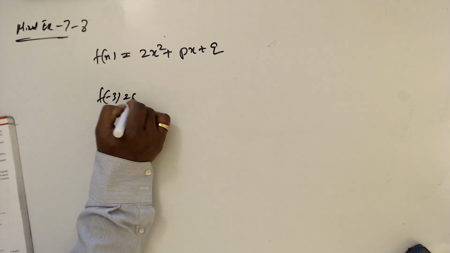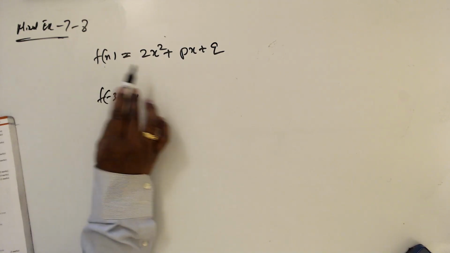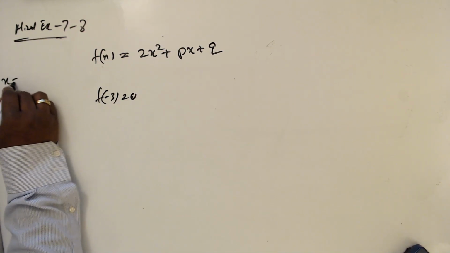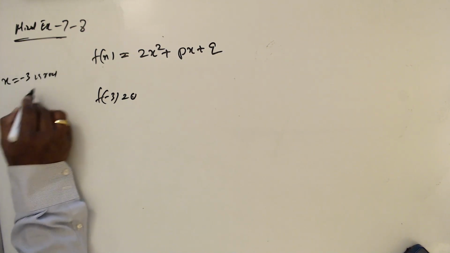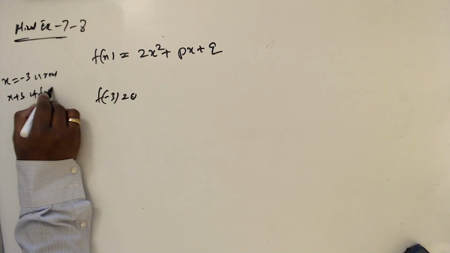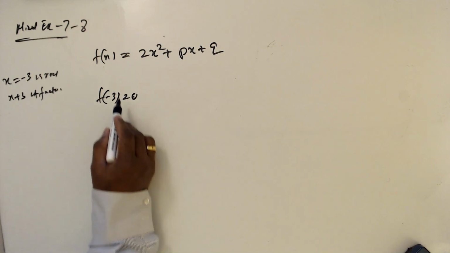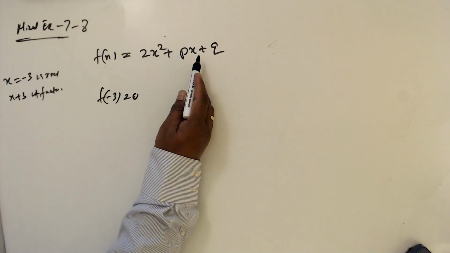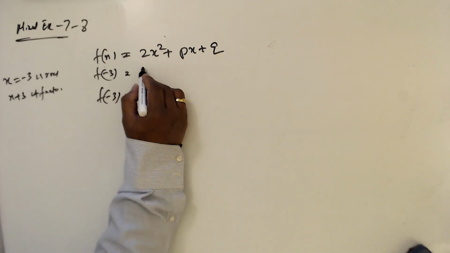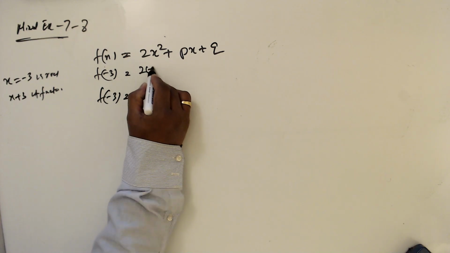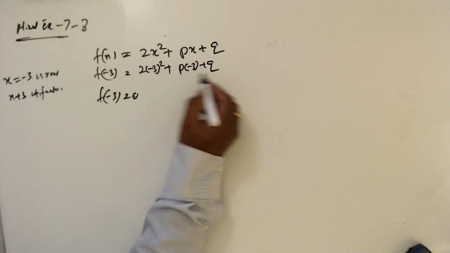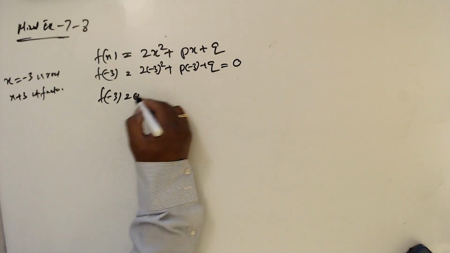f of minus 3 is 0. So when you substitute minus 3, it becomes 0. So we know that x equal minus 3 is a root and x plus 3 is a factor. Having this knowledge, we will still substitute because we don't know p and q. So I substitute f of minus 3 equal 2 times minus 3 square plus p times minus 3 plus q, and this value has to be equal to 0.